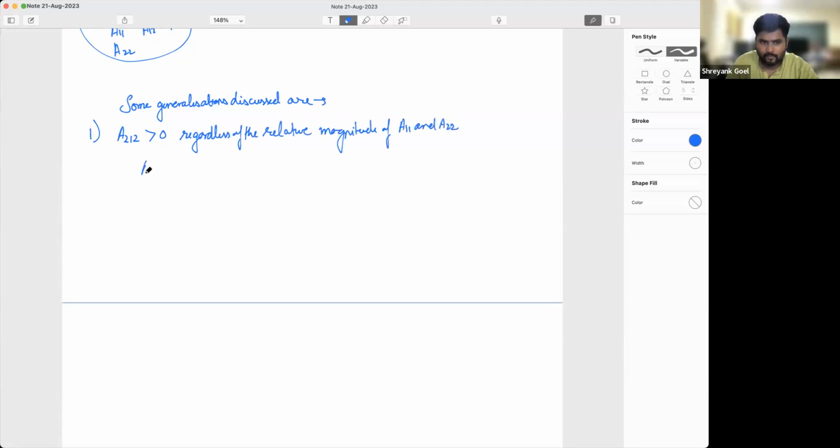Why? Because the formula for A212 is (A11 to the power half minus A22 to the power half) squared. When a square is there, it is always positive.